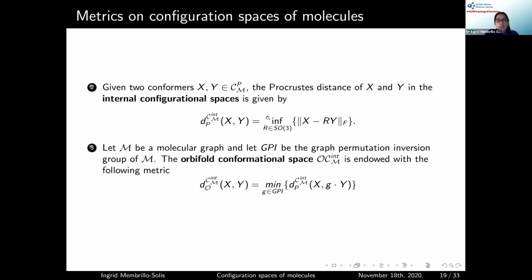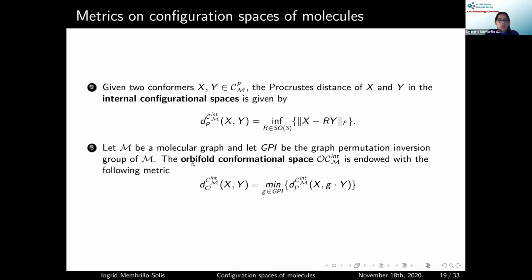And now in the case of the Procrustes, the conformations of the internal conformational space, the distance is given by the Procrustes distance. So we take the infimum over all these norms, and here R takes values in the set SO(3), the set of matrices that act by rotation.